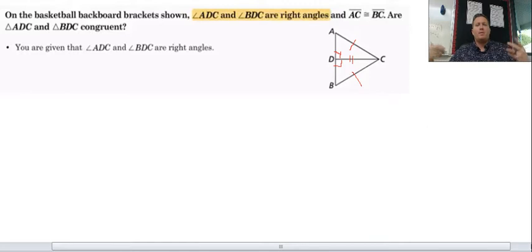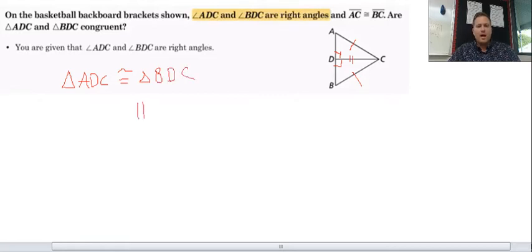So remember, like my reflexive property, they both share that, so bam, we have enough information. So we can say that these two triangles are congruent. So we would say triangle ADC is going to be congruent to triangle, and remember we have to put it with our corresponding parts, BDC are congruent, and how do we know that?